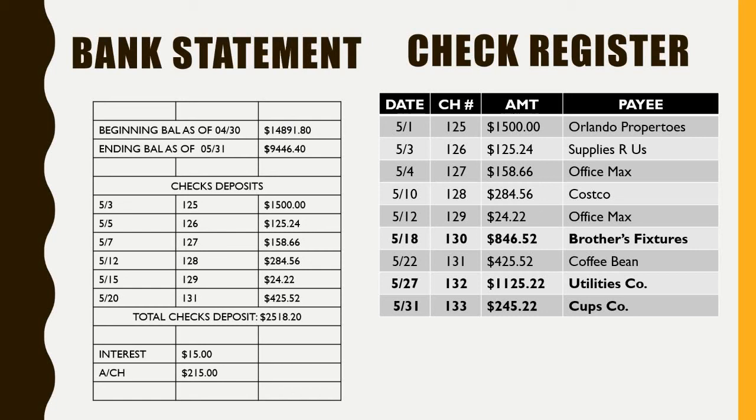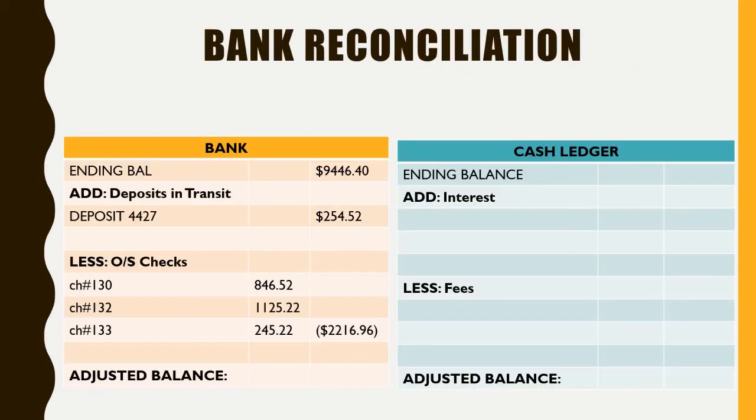Okay. So here you go. I'm going to know that check number 130 for $846.52 plus my $1,125.22 plus my $245 are going to be outstanding.